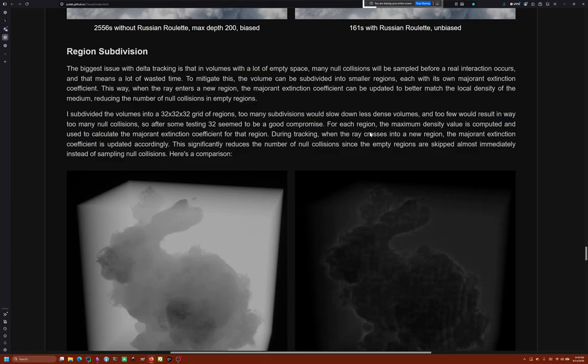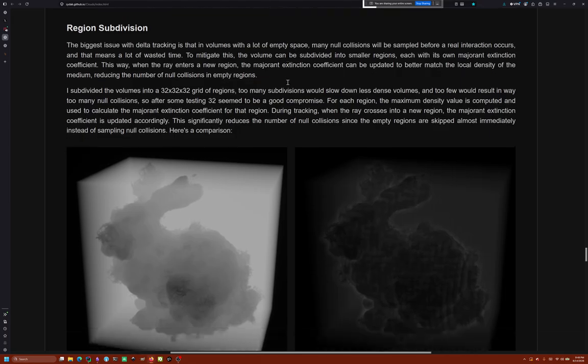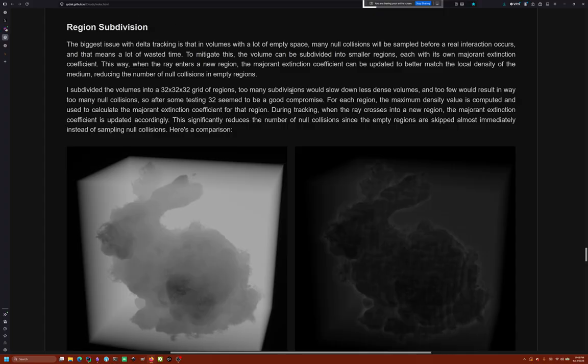Okay, so subdividing regions. The biggest issue with delta tracking is that in volumes with a lot of empty space, many null collisions will be sampled before a real interaction occurs, and that means a lot of wasted time.